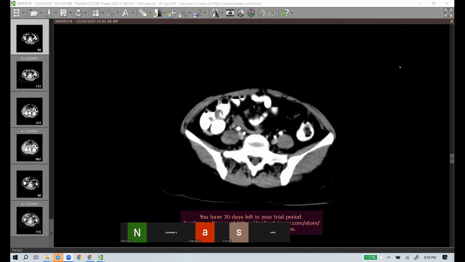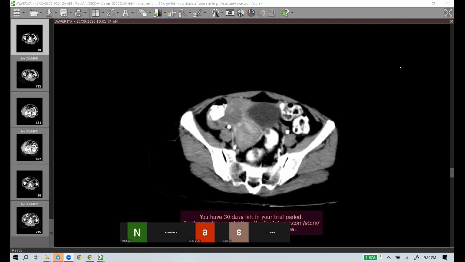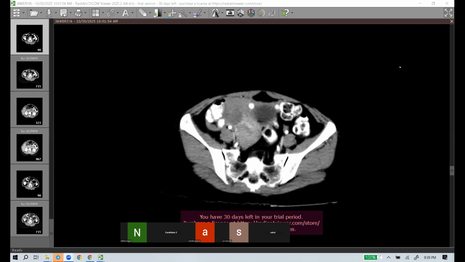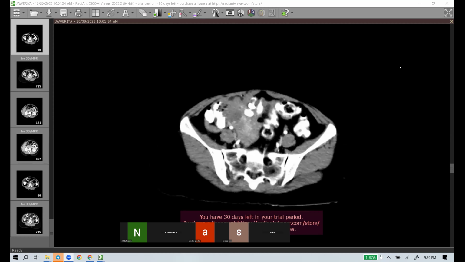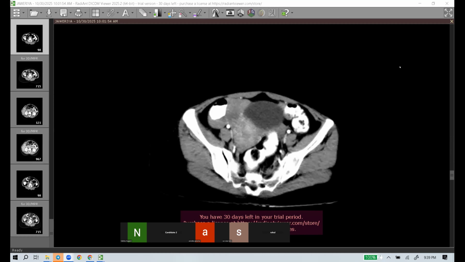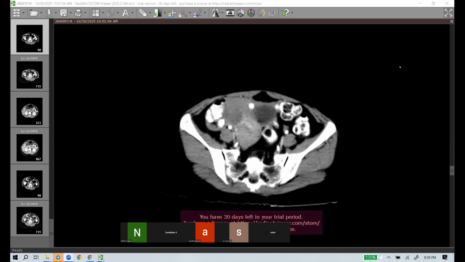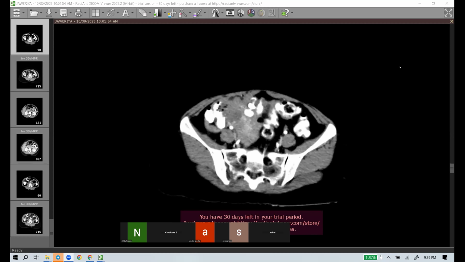At the initial instance, I can see that there is a heterogeneously enhancing area in the region of the right adnexa, abutting the right anterolateral border of the uterus, and also this lesion seems to be abutting the bowel loops on the right side, especially the colonic loops, the ascending colon.